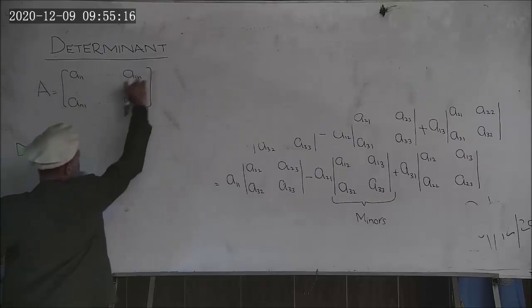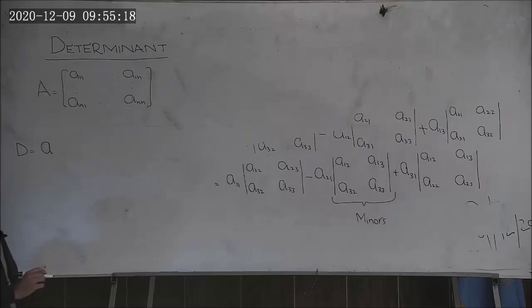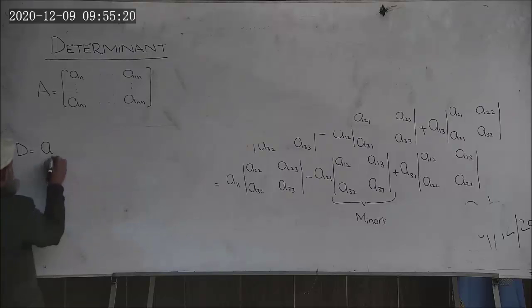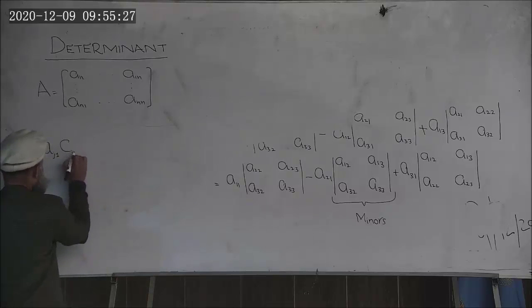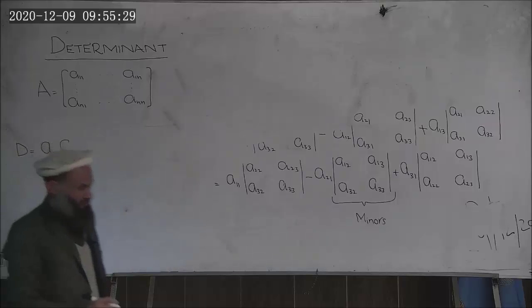Here is some jth row. What is the first element of that row? aj1 multiplied by a cofactor Cj1. How do you obtain Cj1?